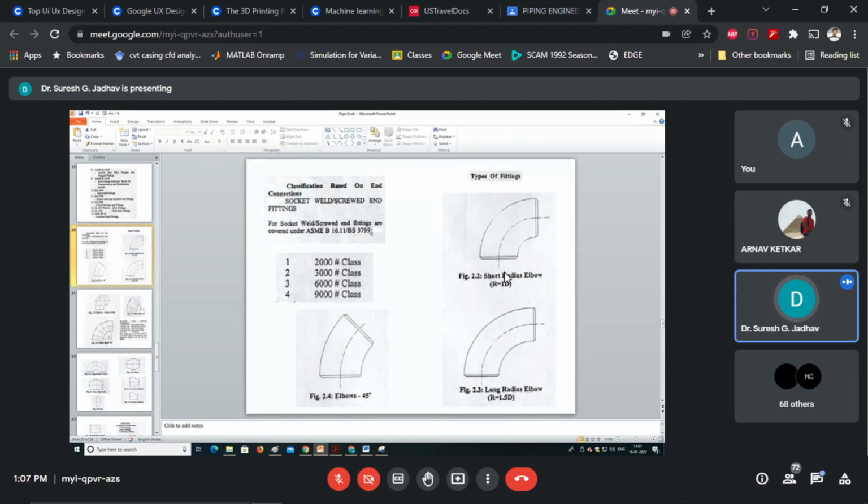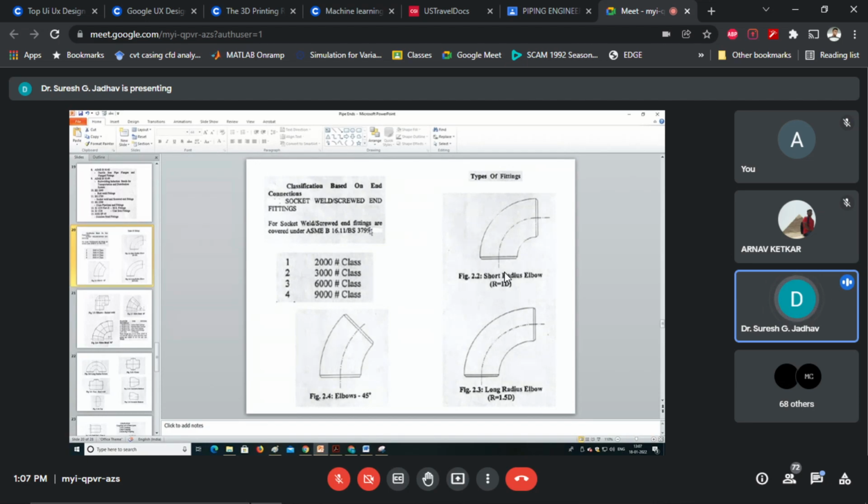There are two types of 90 degree elbows. The first one is butt welding elbows, available for use in industry. Nowadays butt welding elbows are used, and these are the long and short radius elbows.